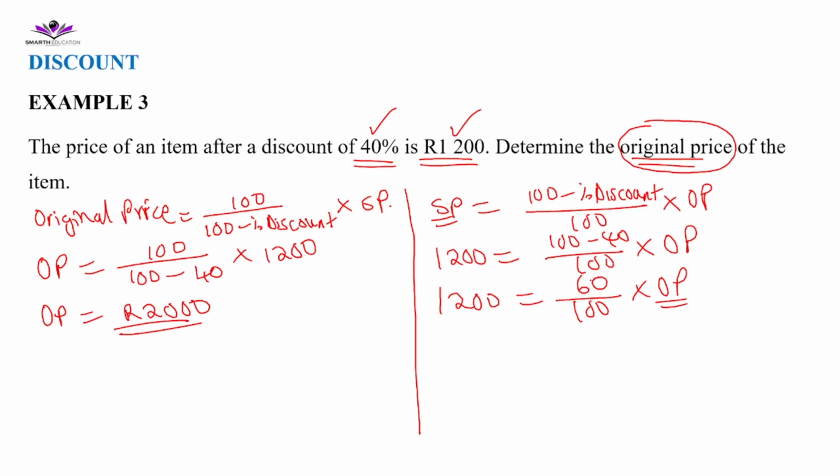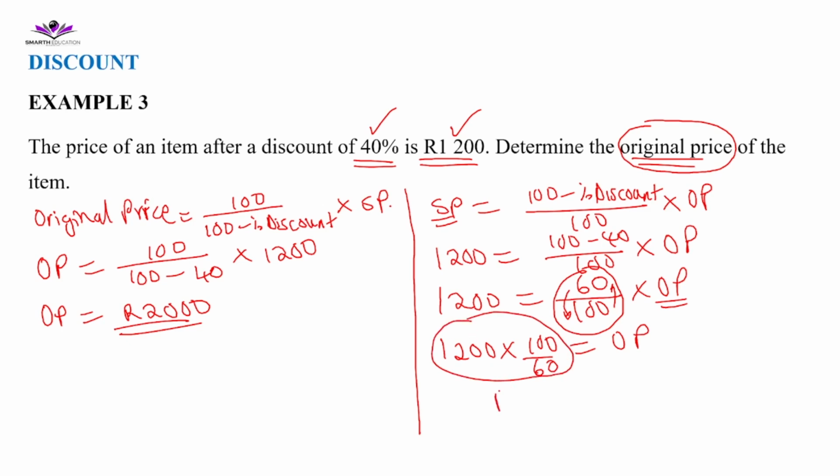And then to get the original price here, we have to divide by 60 over 100 on both sides of the equation. Remember, when you're dividing by a fraction, you have to invert the fraction and multiply. We say tip and times. So you can say 1,200 times, now invert this one, becomes 100 over 60, and that is equal to the original price. And then put this in the calculator, it will give you 2,000. So the original price is equal to 2,000.